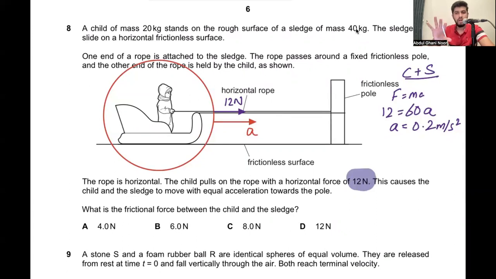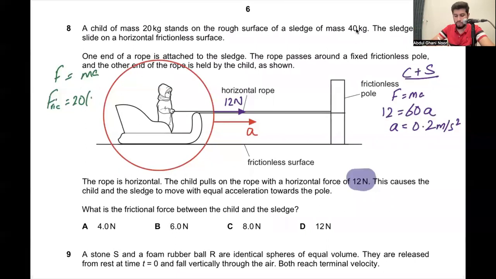So for the child, I can say F is equal to ma once again. The force on the child is an unknown force, and I know that is friction. The mass of the child is 20, and the acceleration stays the same irrespective of whether you're talking about the entire system, the child and the sledge, or the child.